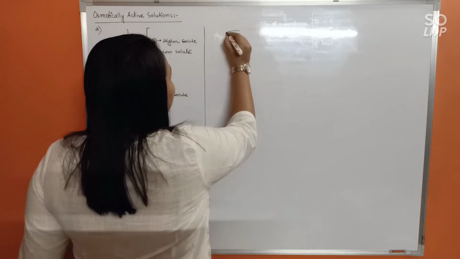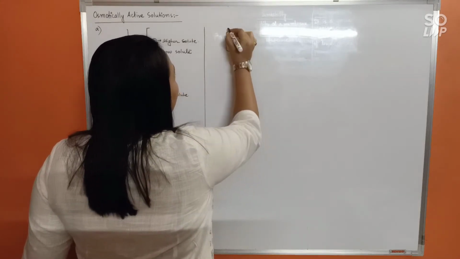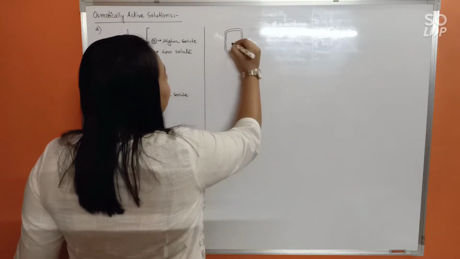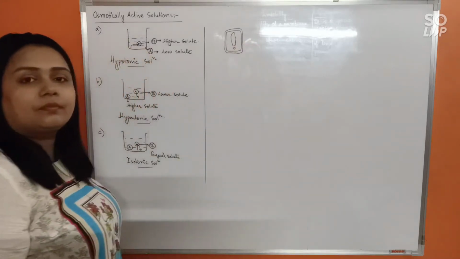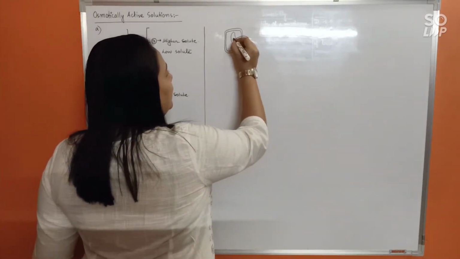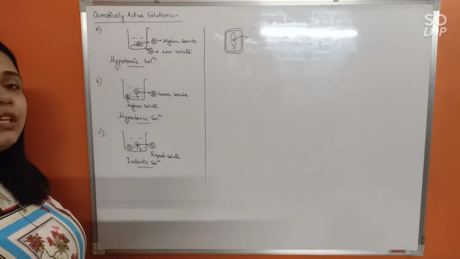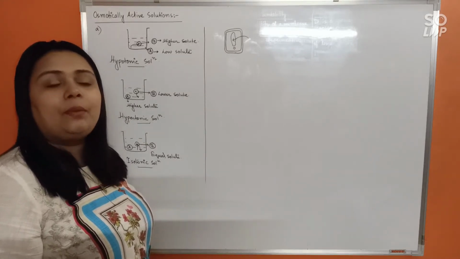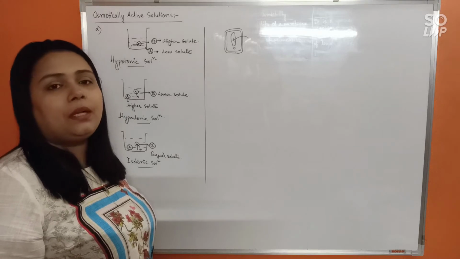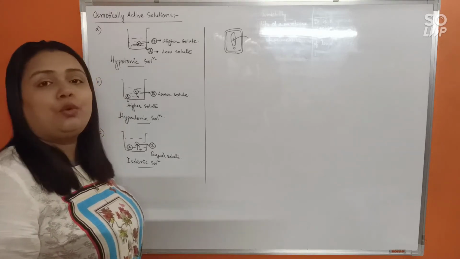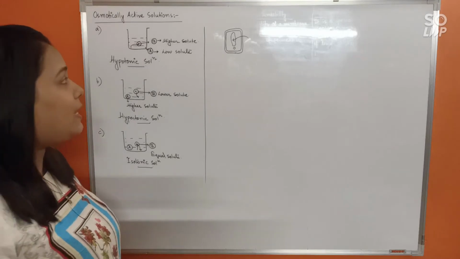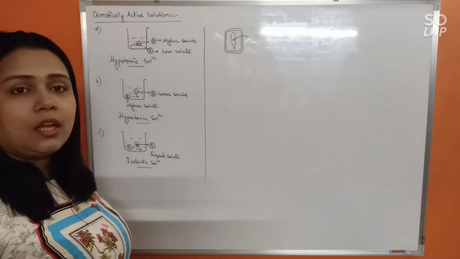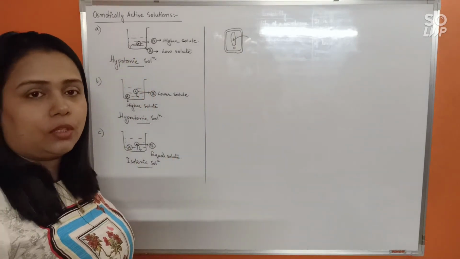See, in case of a plant cell being introduced in a hypotonic solution, water would start entering inside by endosmosis even inside the plant cell, because the cell wall of the plant cell is freely permeable, and the plasma membrane will act like a semi-permeable membrane here itself, allowing water to pass into the sap vacuole. So as the water starts running into the plant cell, the sap vacuole will start to enlarge and it will start to take in more and more water.